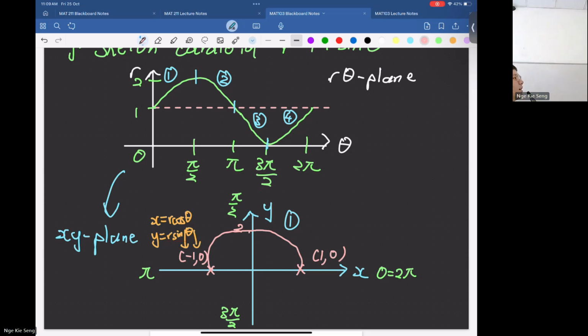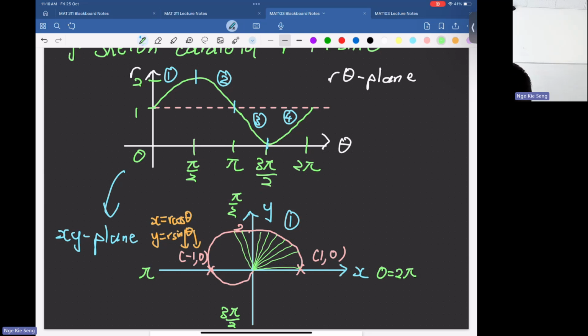Let's continue first. How about part 3? If you go around the circle, what happened? The radius further decreases, until 0. So your radius decreases until you reach 3 pi over 2, quickly decreasing to 0. So when I talk about radius here, you should imagine a line like this. This is the radius that I'm talking about, this line is increasing.